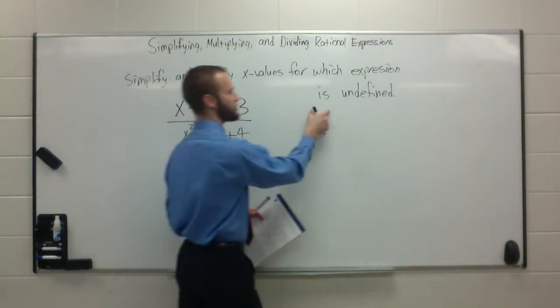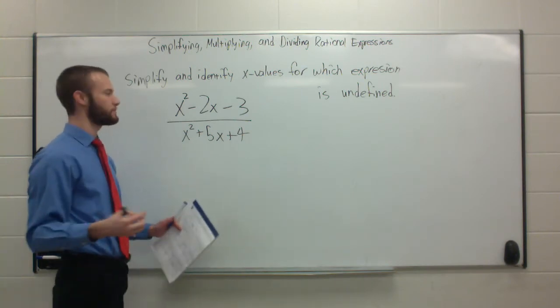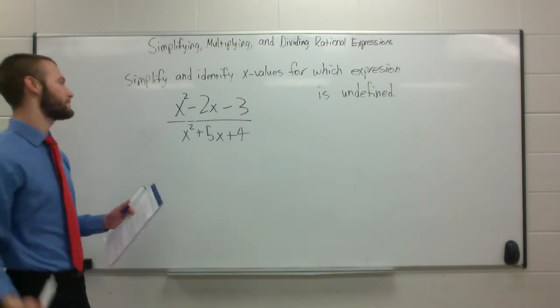We know an expression is undefined when you have to divide by 0. So to find where the expression is undefined, we need to figure out where the denominator is going to equal 0, because you can't divide by 0.